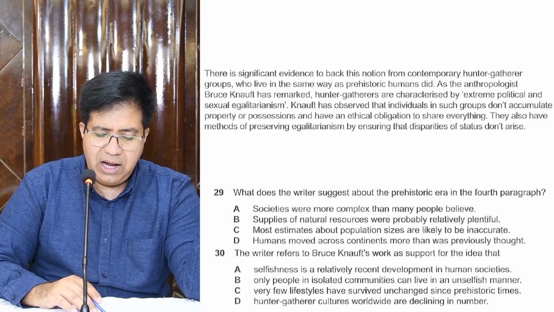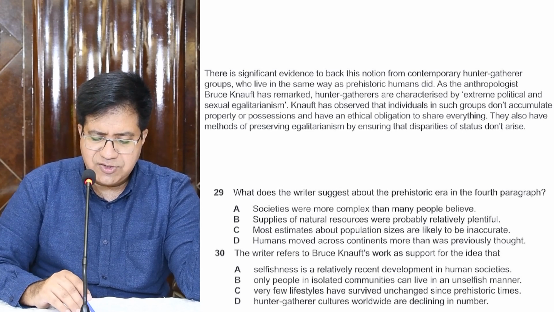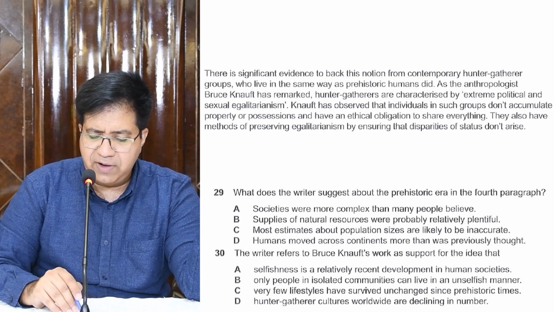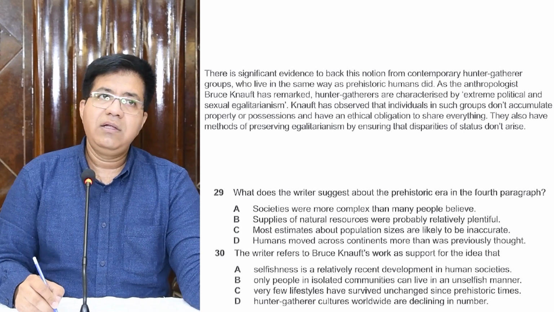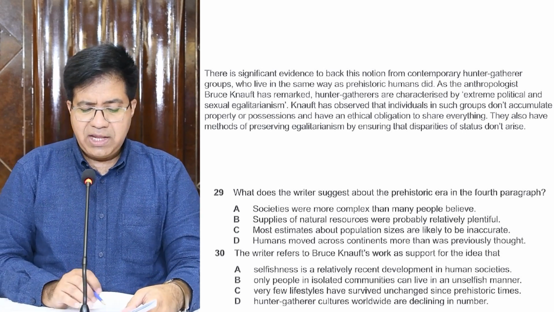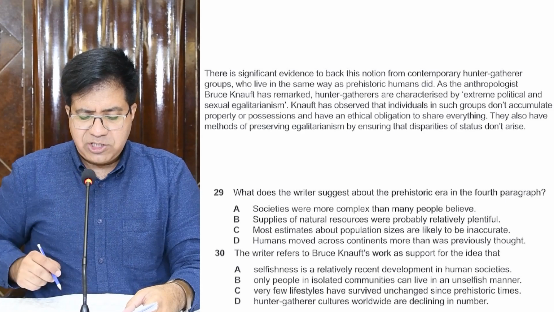Not at all. Option D. Hunter-gatherer cultures worldwide are declining in number? They didn't mention that. Correct answer is A. Selfishness is a relatively recent development in human society. And for that he says, Nauft has observed that individuals in such groups don't accumulate property, meaning at that time they didn't have all these things. Okay? Correct answer is A.